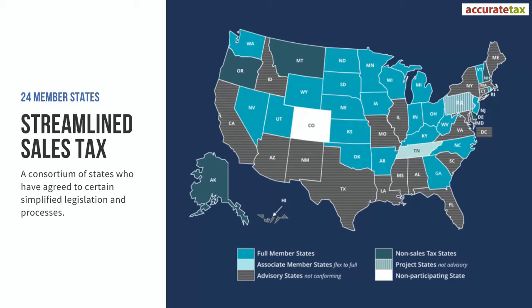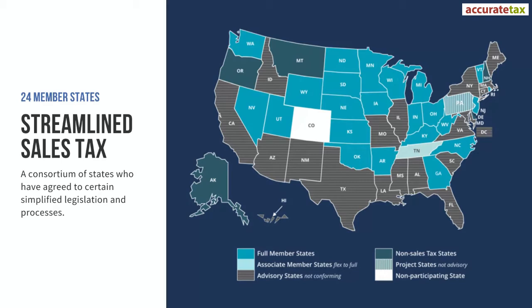The goal of the whole organization is to make it easier for retailers to be in compliance with the sales tax laws in these various states, to reduce the burden in terms of cost and time and legal understanding of how things work.